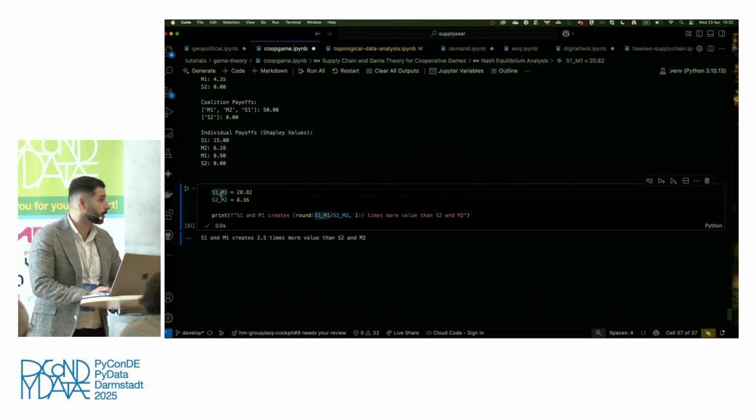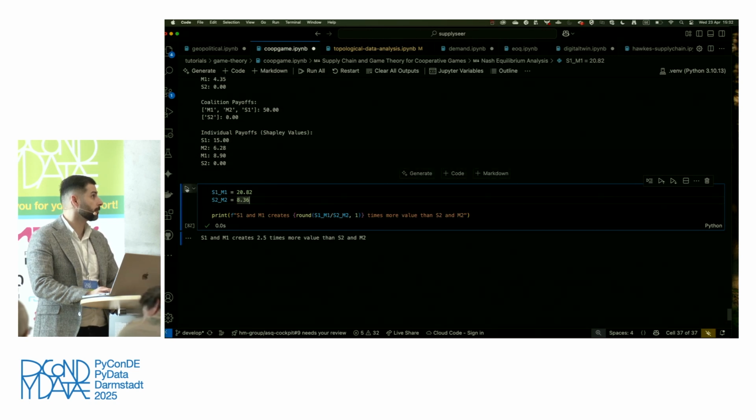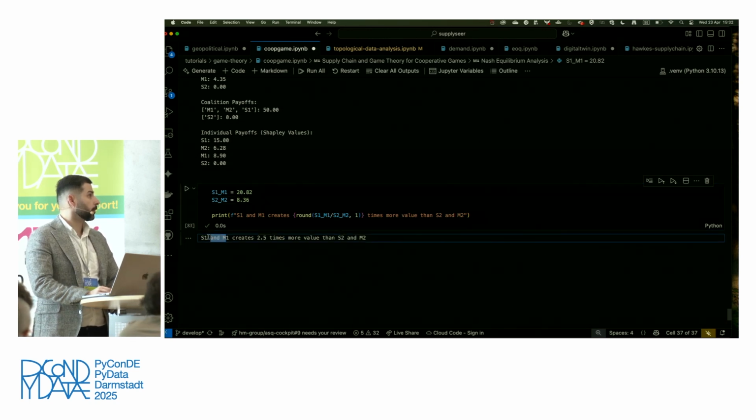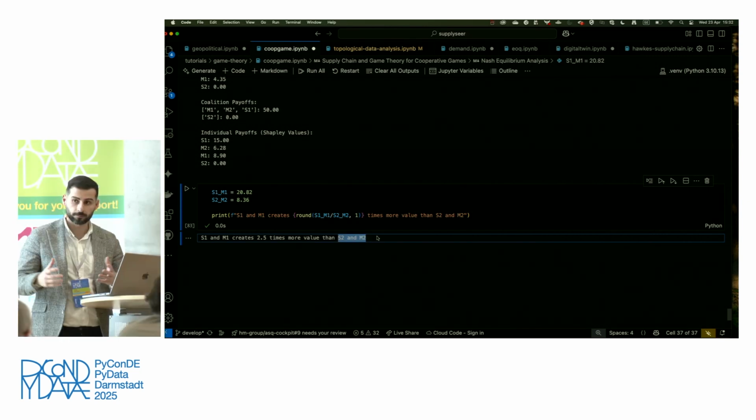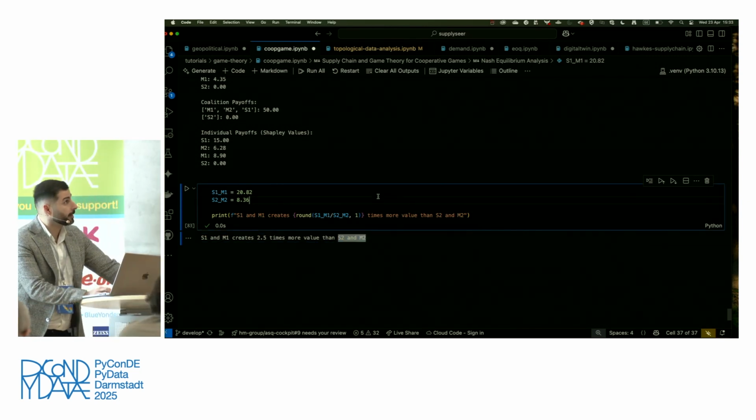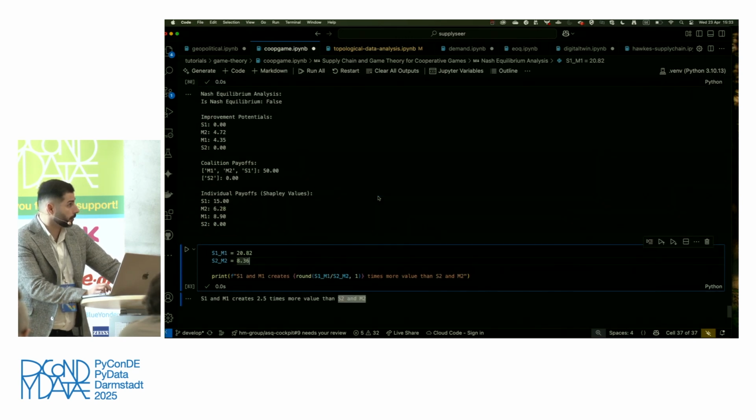So we say supplier 1, manufacturer 1 has this value, supplier 2, manufacturer 2, that value. Those two together create about 2.5 times more value than this supplier and that manufacturer together. That's what we get from this cooperative game module, the tutorial of it.